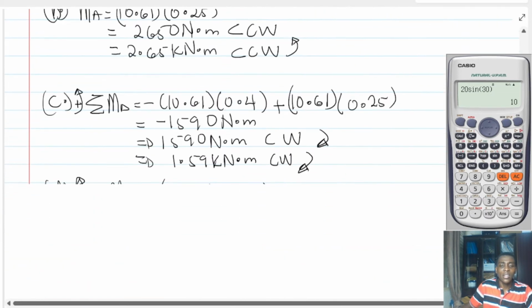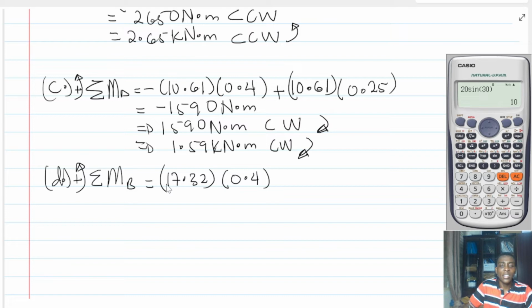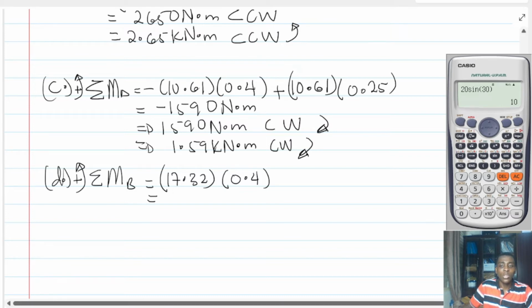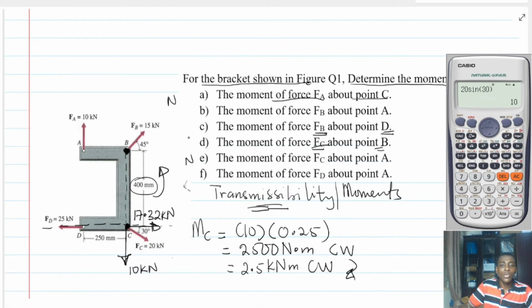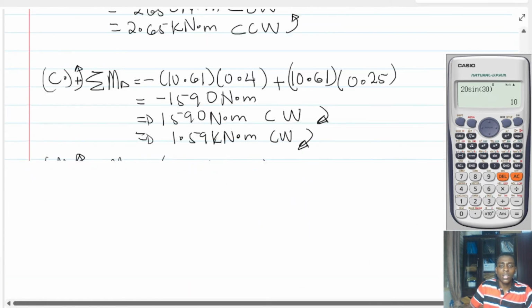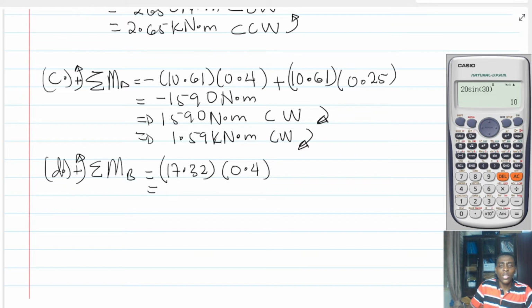Is that right? And that is what we are saying. It is given by this. And this moment is going to be counterclockwise. Is that right? So what is it going to be? 17.32 multiplied by 0.4.